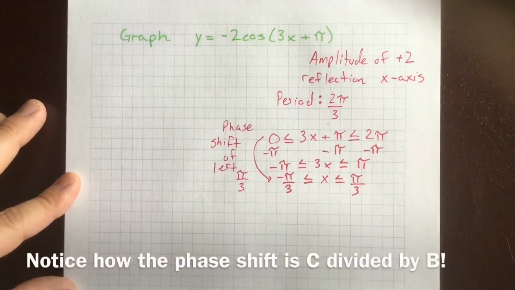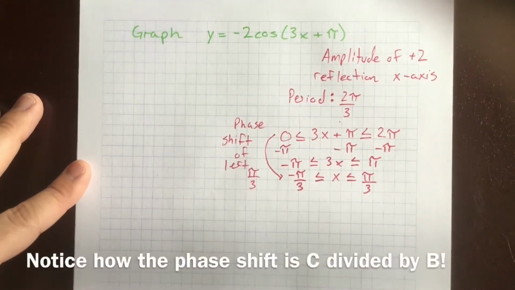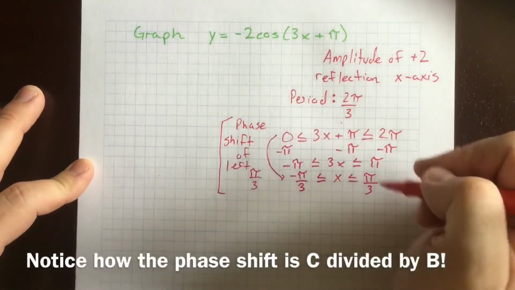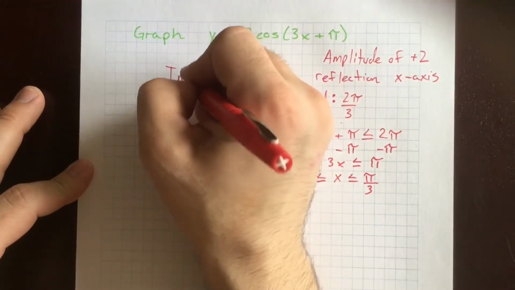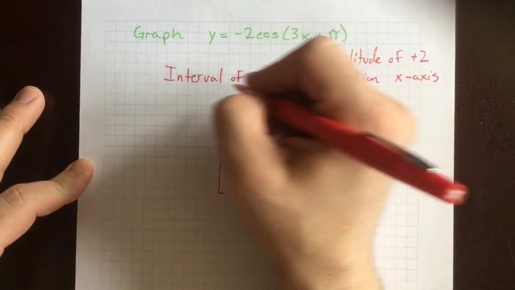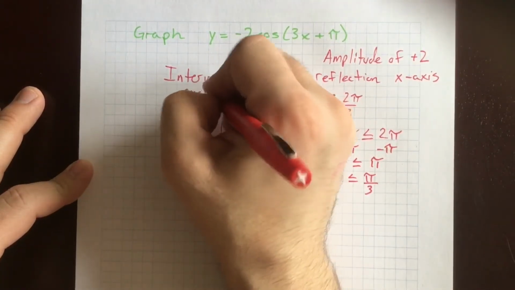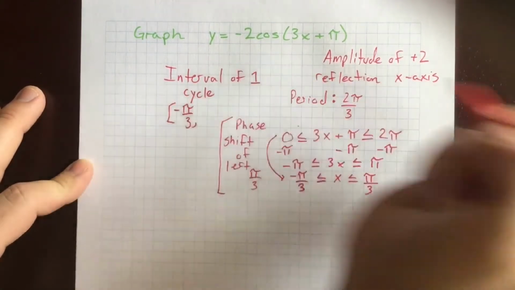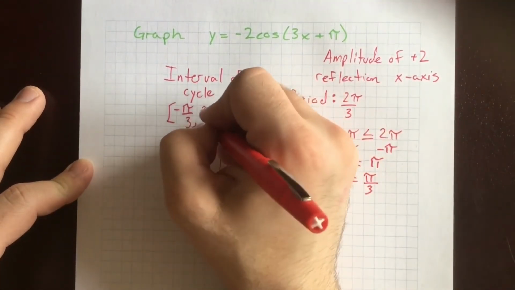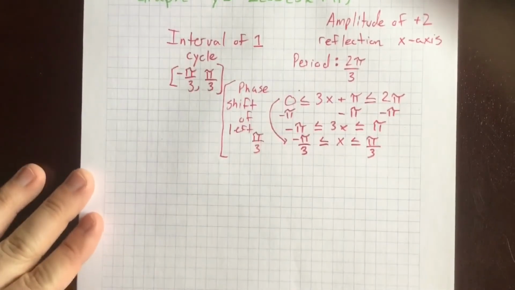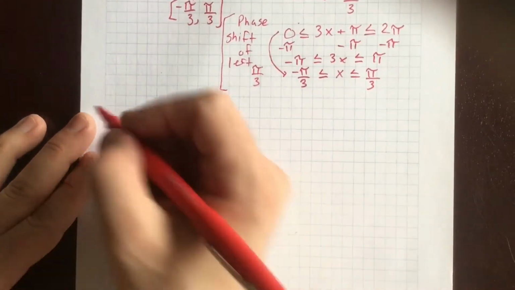Okay, so with that, we make our table. On our interval, let's write this down, we didn't write this down in the previous example, our interval of 1 cycle would be negative pi over 3 to pi over 3. Okay. So, and graphing it.